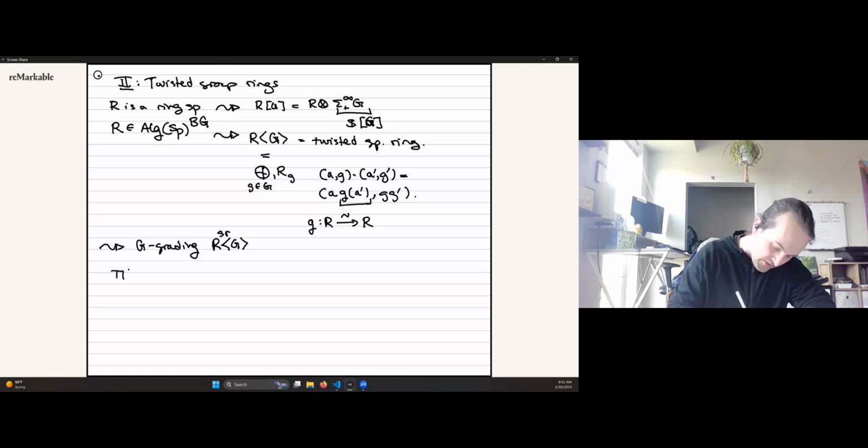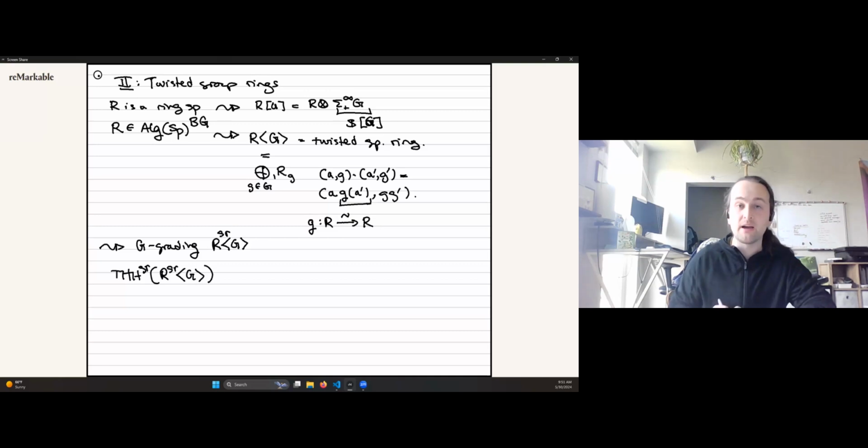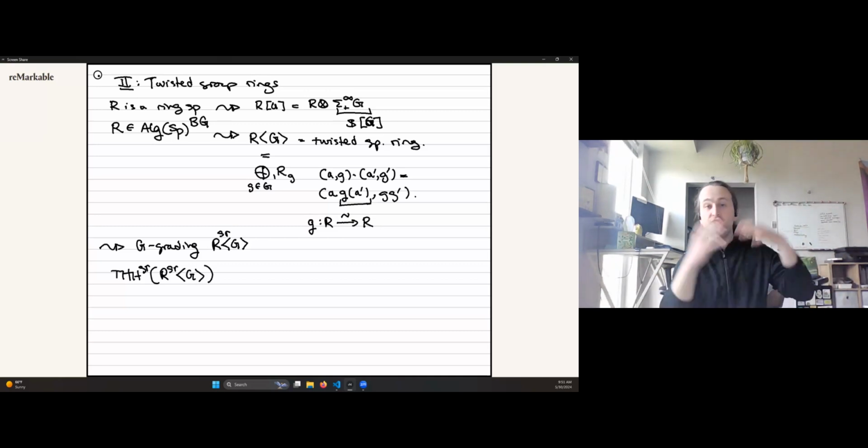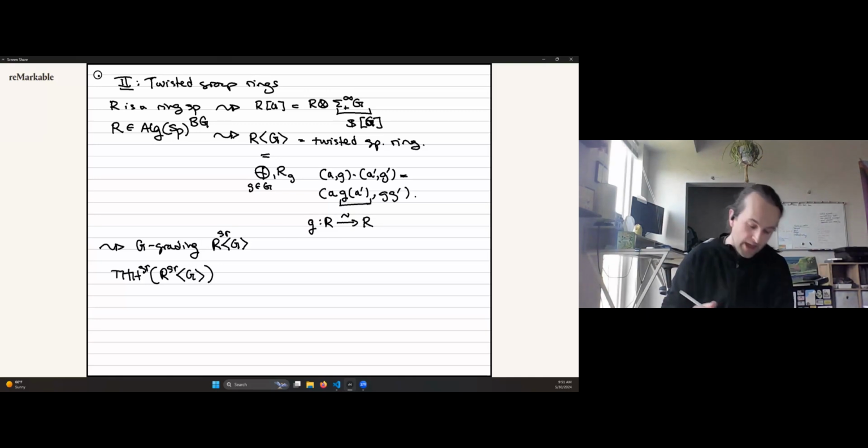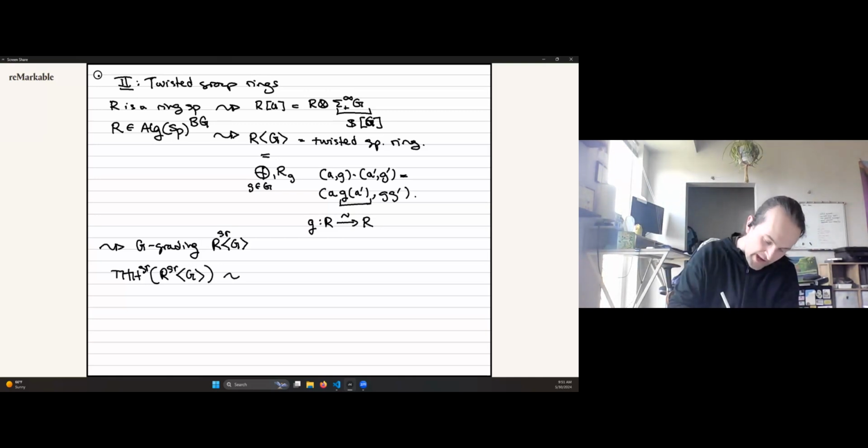And if you take the G-graded THH of this graded ring spectrum, this produces some sort of G-graded cyclotomic spectrum. And when you pass to the underlying spectrum, this exactly gives you the THH of this twisted group ring here.